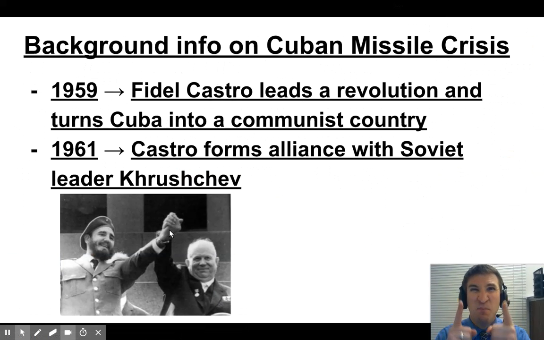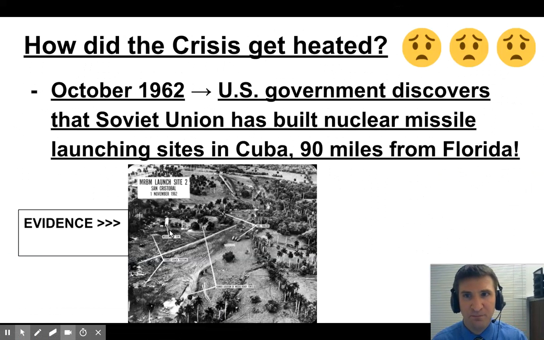And this has big implications for the US. How did the crisis get heated? October 1962, the US government discovers that the Soviet Union has built nuclear missile launching sites in Cuba, 90 miles from Florida. That deserves a worried emoji.